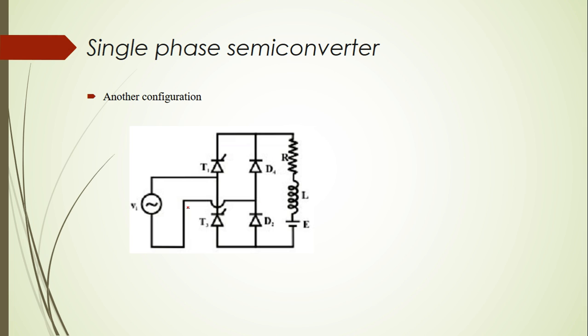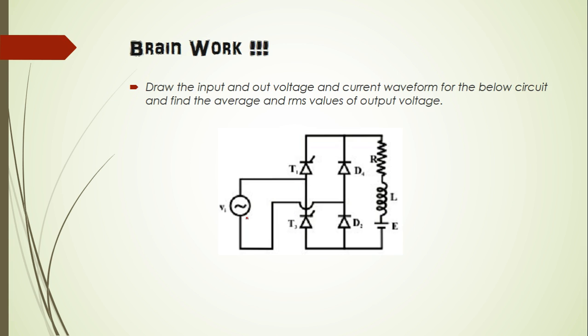Here is another configuration of semiconverters where two thyristors are connected in the same leg and two diodes are connected in the same leg. So now I request my students to put in an effort and find out the input and the output voltage.